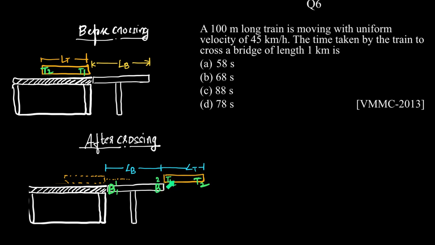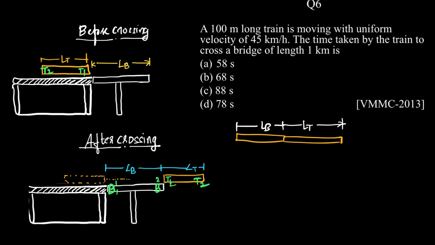When T2 overlaps with B2, what we get is a straight line, B1, B2, T1, T2. So the whole distance B1 to T2 can be drawn as like this. So this is length of bridge and this is length of train.